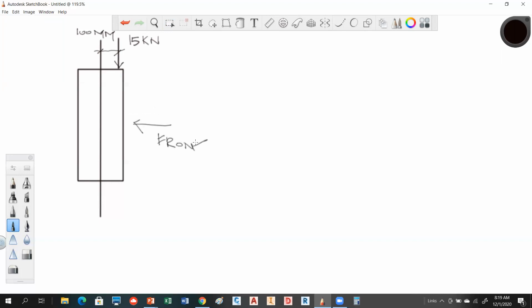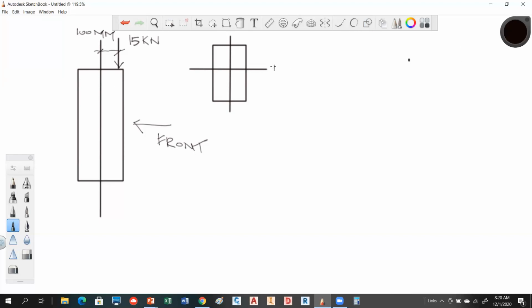So let me reverse that picture. I had it at 90 degrees. So this is going to be my neutral axis, and this would be the other axis. That's my neutral axis line there.